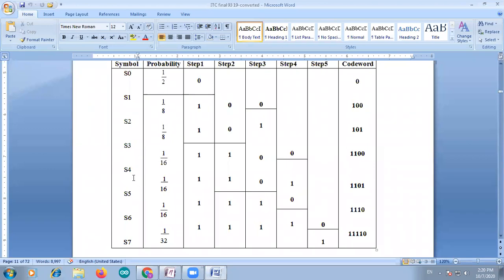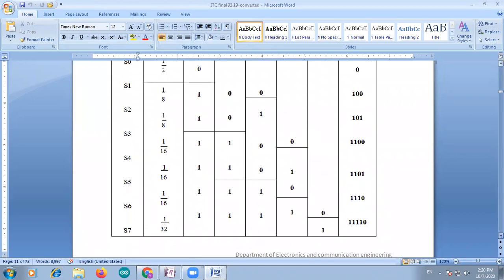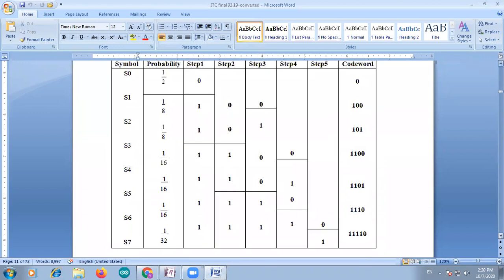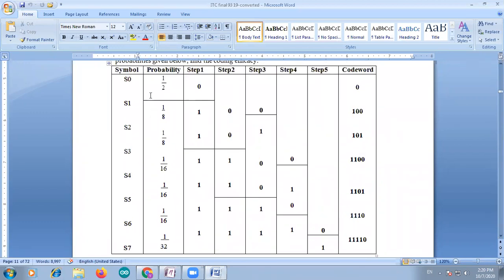S3, S4, S5 and S6 each have the probability 1 by 16.